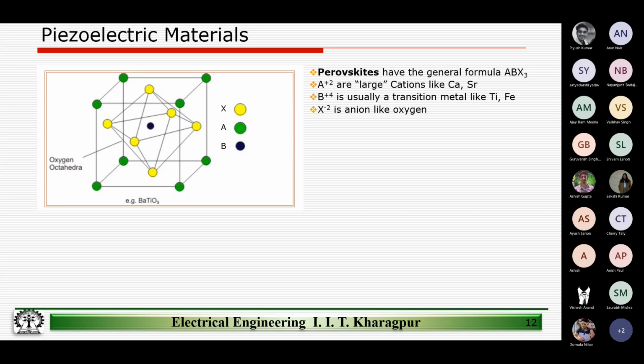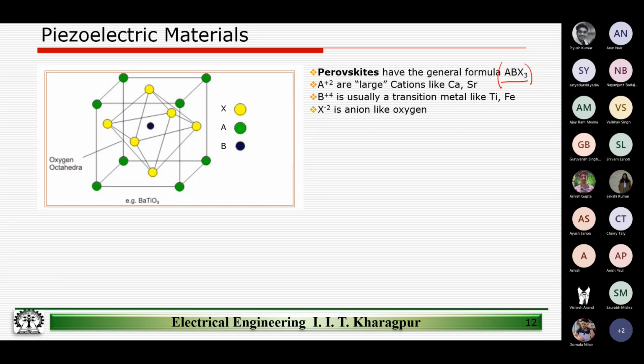So first, A is a positively charged cation with +2 charge, and B is again usually a metal ion like titanium or iron, and X is an anion like oxygen. It can be some other ions. We'll see if there are certain examples we have taken other than oxygen. But typically, the take home: whenever you see a material of this general formula, ABX3, you will probably understand that this is a perovskite.